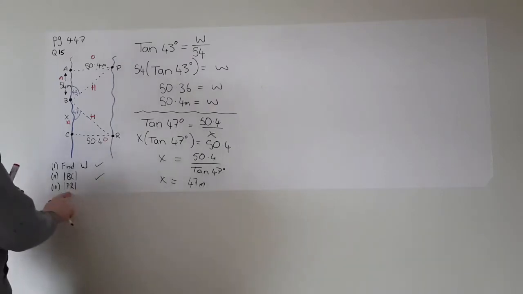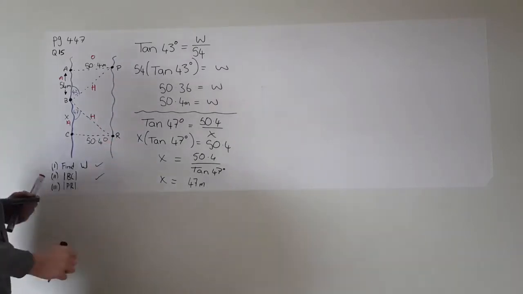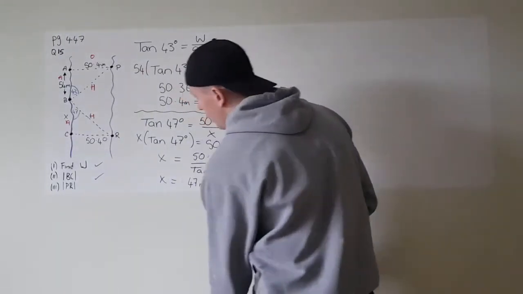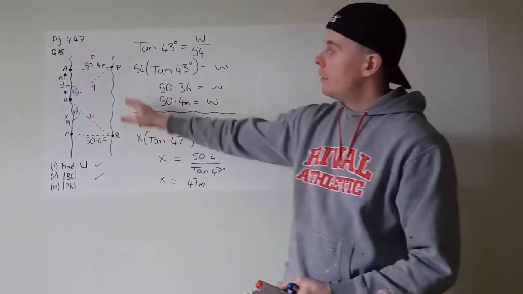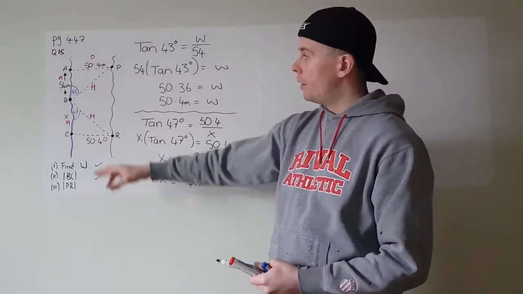And the last thing is find the distance from P to R. Now you could go off and do more trigonometry, figuring out this length and that length and then Pythagoras or whatever if you wanted.